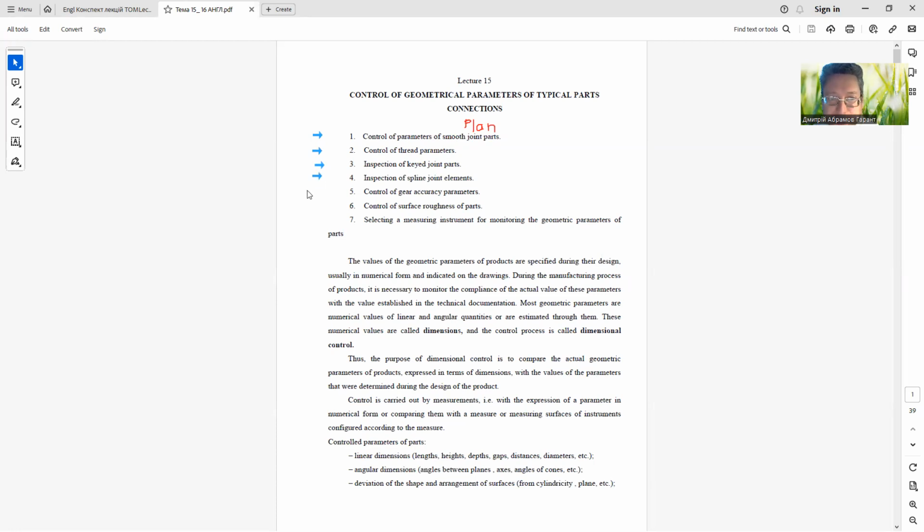Item 15.4: Inspection of spline joint elements. Item 15.5: Control of geometric accuracy parameters. Item 15.6: Control of surface roughness of parts.